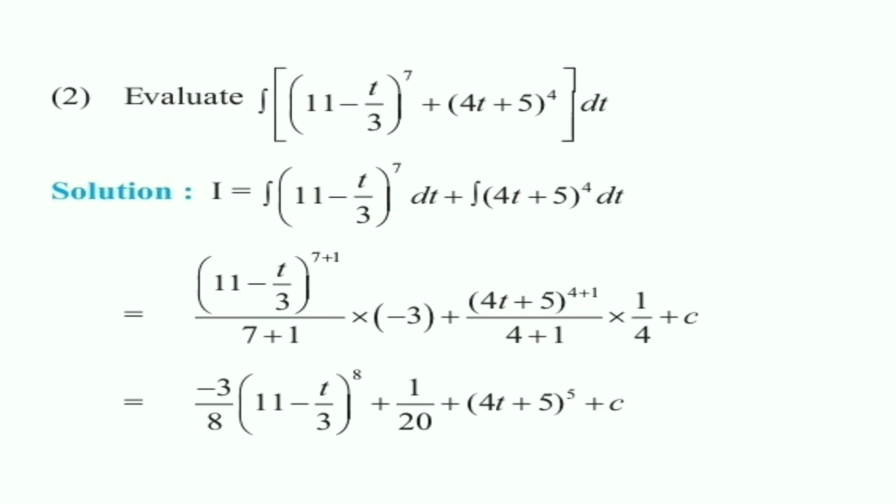Here we apply the same formula of x^n, and this is equal to -3 upon 8 into ((11 - t)/3)^8 plus 1 upon 20 into (4t + 5)^5 plus c.